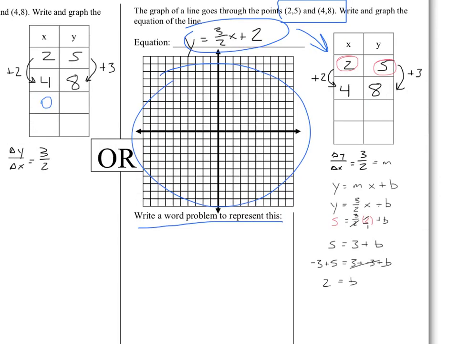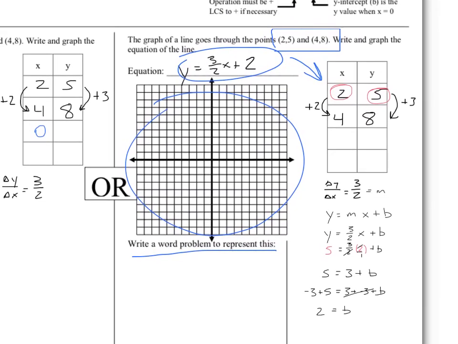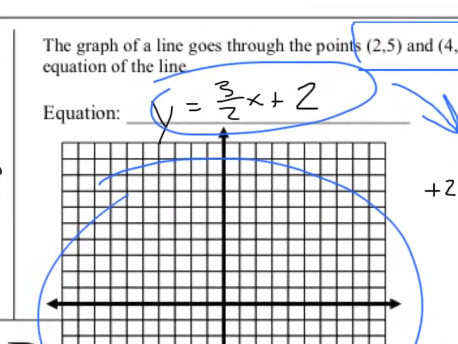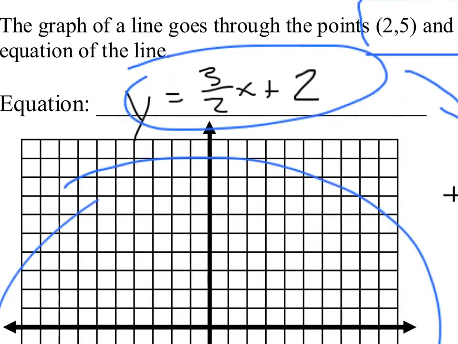So looking at this, I want to give you how I would strategize being able to write a problem for this. For me, I'm going to start by giving myself some units here. Units for my y and units for my x. So one thing that I might do is say this is going to be y miles and x hours.